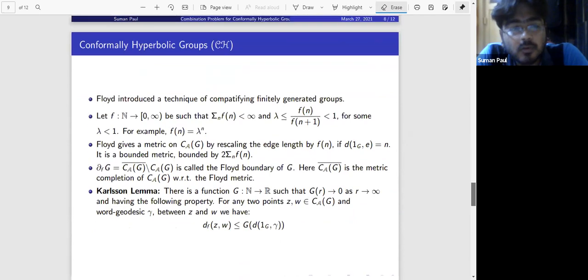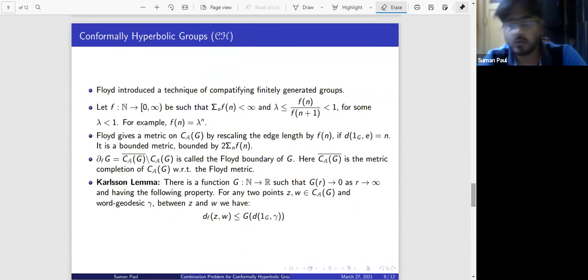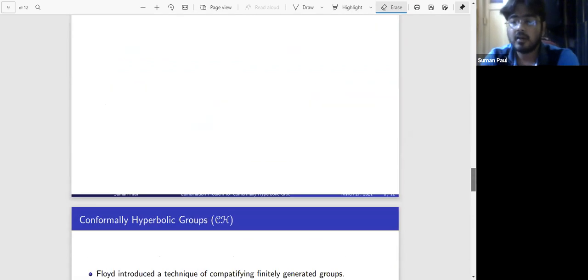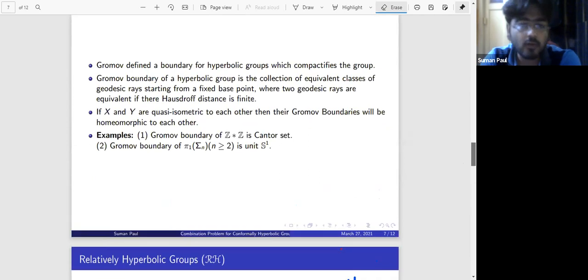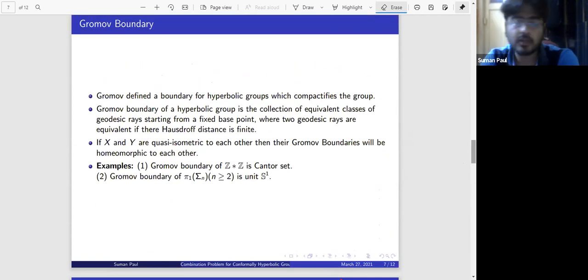Now come to conformally hyperbolic groups. As we have seen, both the Gromov boundary and Bowditch's boundary compactify the group, but they are defined for certain classes of groups.